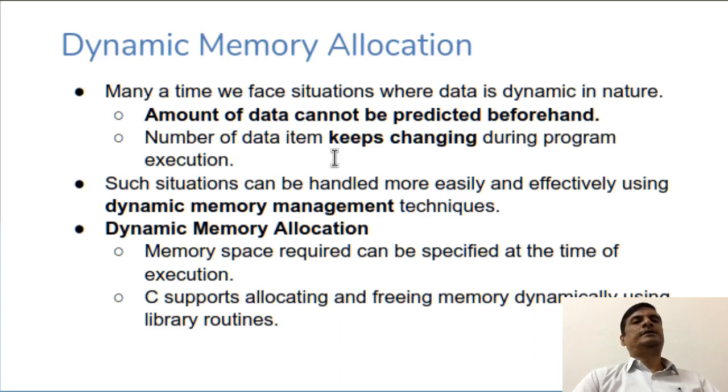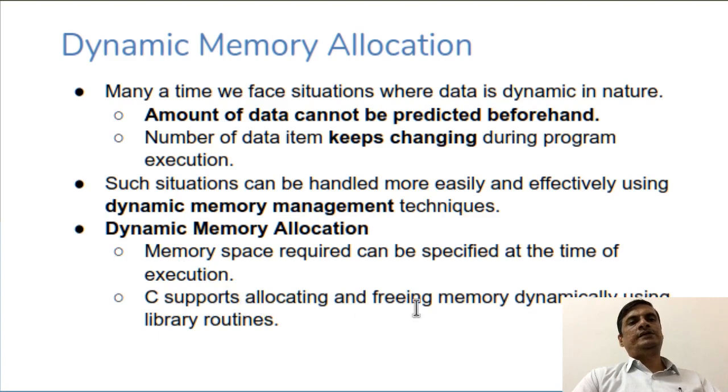The amount of data needed at runtime keeps changing, so in that case you need to use dynamic memory allocation. When you use it, the memory is allotted at execution time, or runtime, not at compile time.